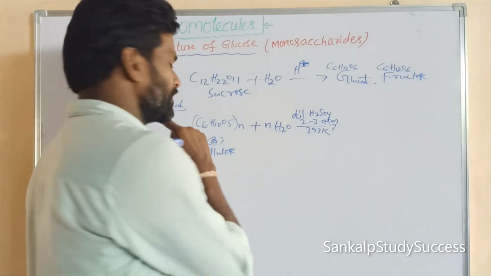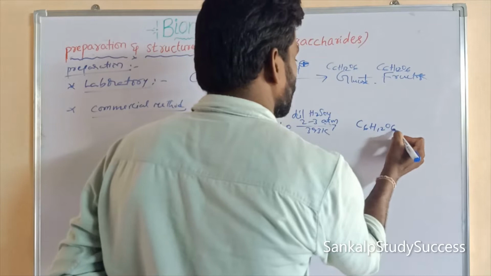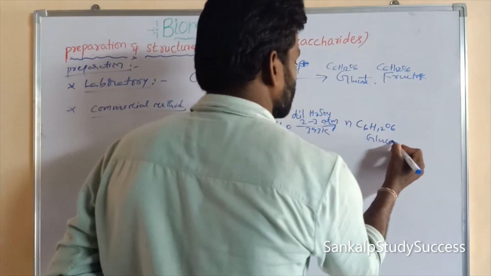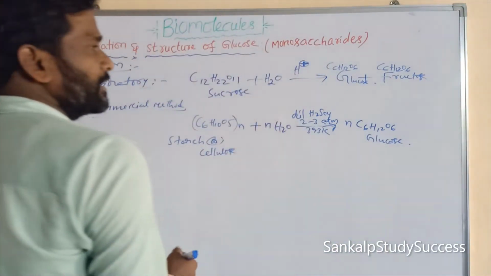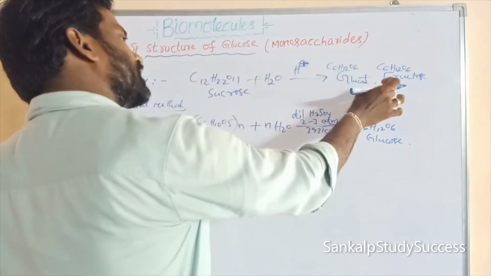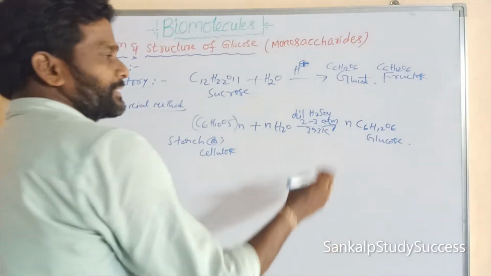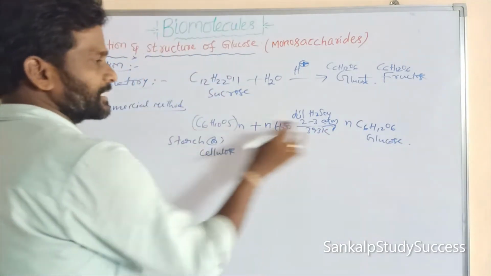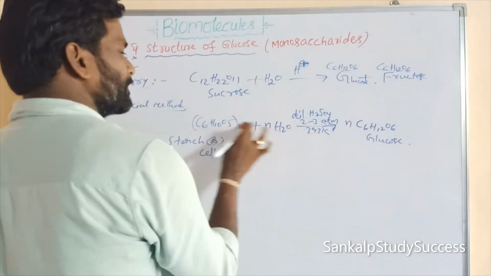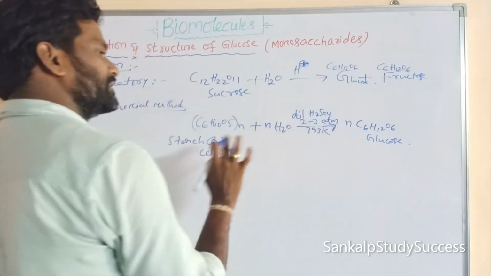So what is obtained? C6H12O6. So this is glucose. In the above method, glucose and fructose are obtained as a mixture, but here only glucose is obtained. So this is the better method. Here 6 carbons, 10 plus 2, 12 hydrogens, 5 plus 1, 6 oxygens. Here n is taken as common, so the equation is balanced.